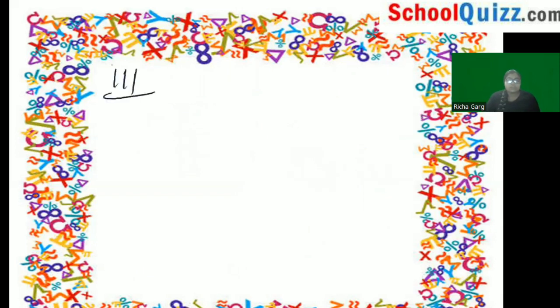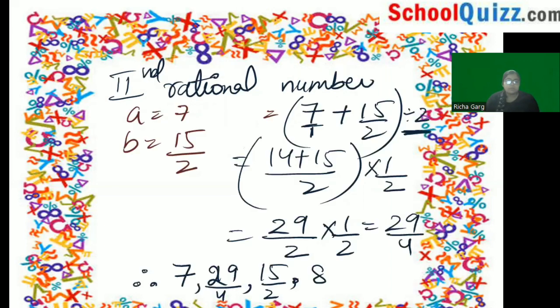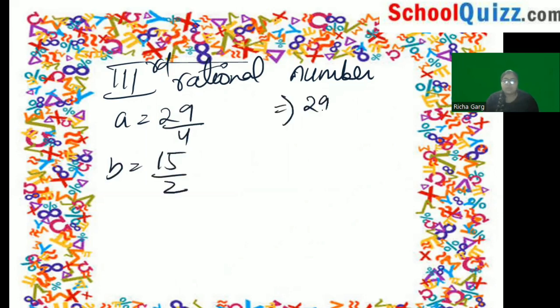Next, third rational number. Again, (a plus b) upon 2. Now I am going to take this pair, 29 by 4 and 15 by 2. You can take any pair you want, okay? All the answers are correct here. So a is 29 by 4 and b is 15 by 2. So (29 by 4 plus 15 by 2) whole divided by 2.